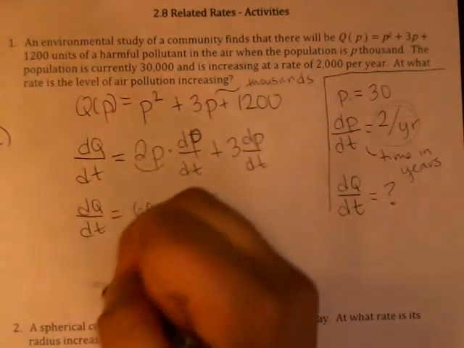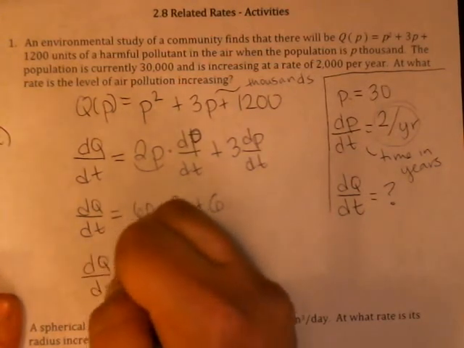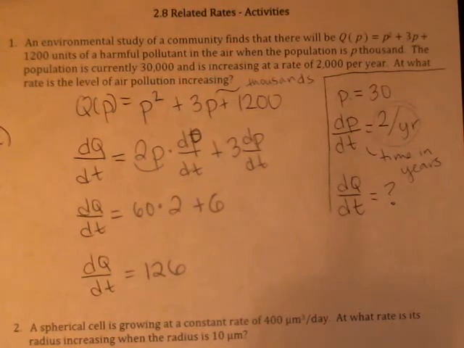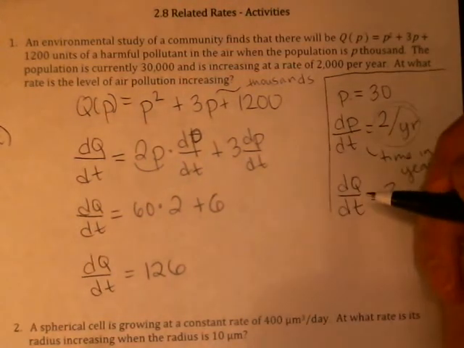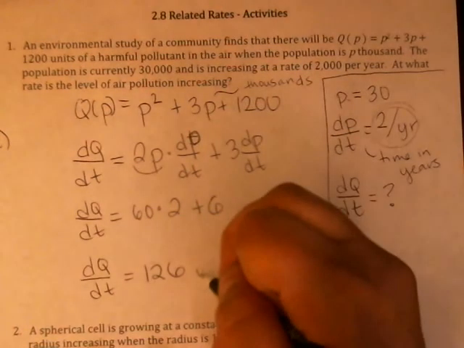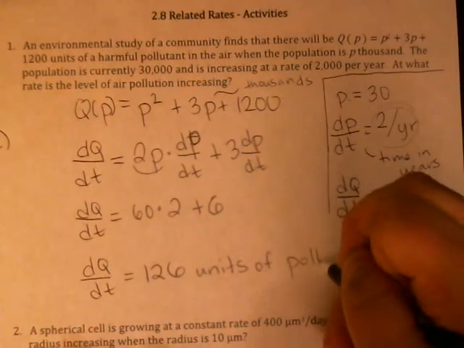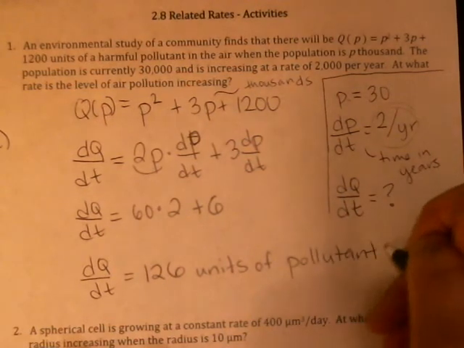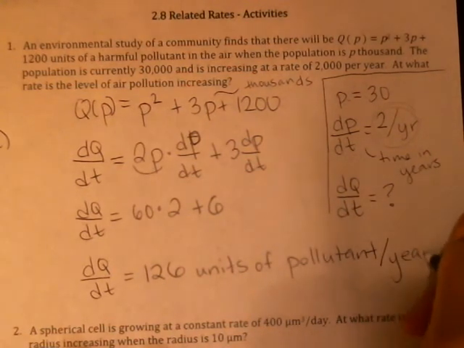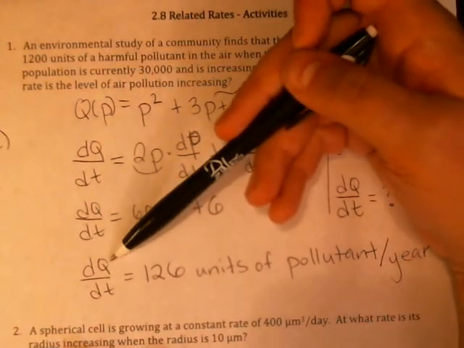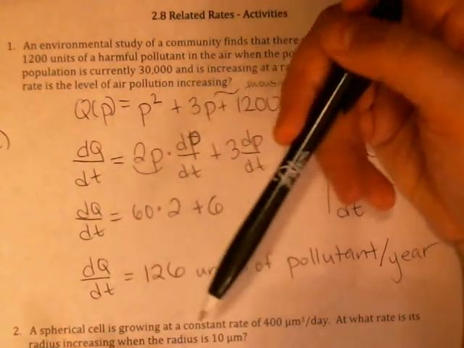So it looks like I'm getting dq dt is equal to 126. And then you want to make sure you always give units in these answers. So that's going to be units of pollutant per year. And again, you should just be able to spot it if this is the derivative of Q with respect to t. Q is units of pollution and t is time in years.